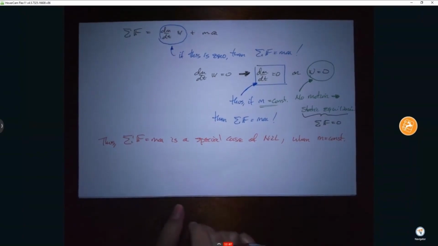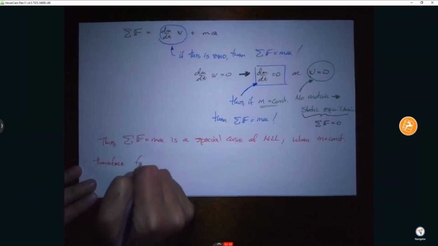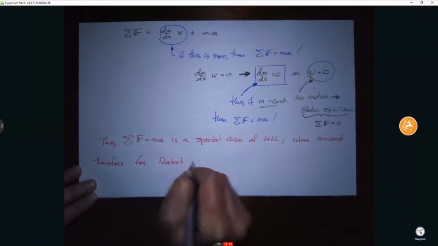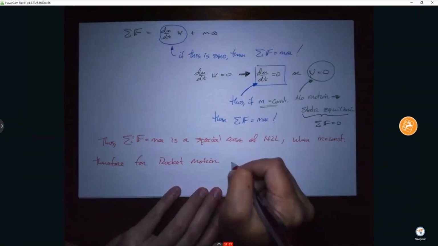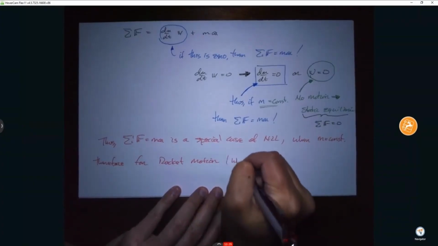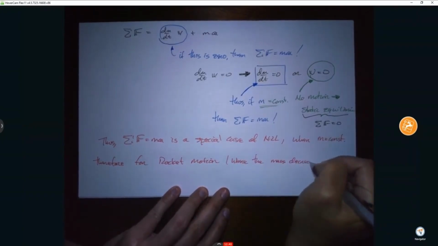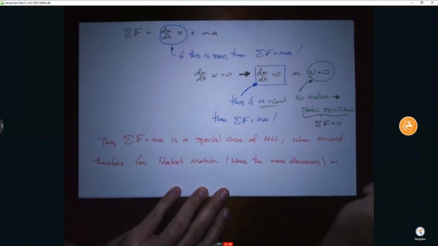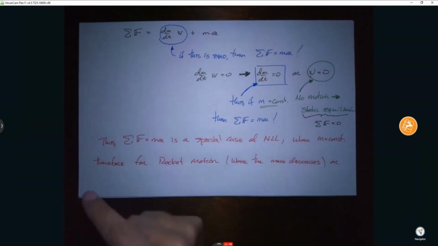That is the quintessential example, so rocket motion is the number one thing. For rocket motion, the mass decreases.